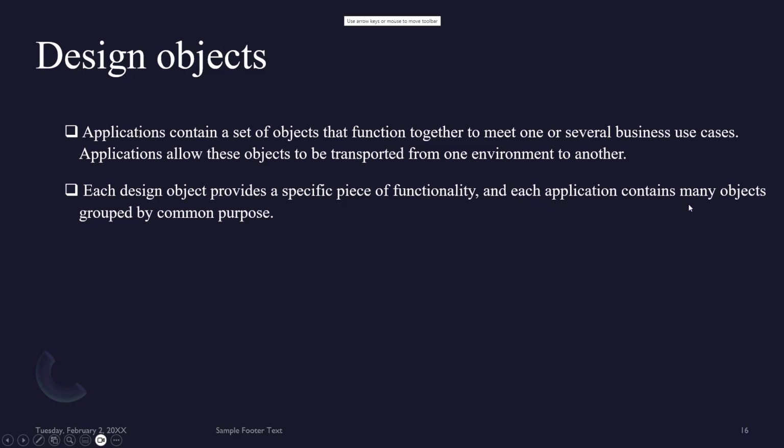Each application contains many objects grouped by common purpose, right? In Appian, each design object has its own specific functionality. So all design objects, like data objects, record type, data store, CDTs, and in the process objects, process models, process reports, each have their own specific functionality.